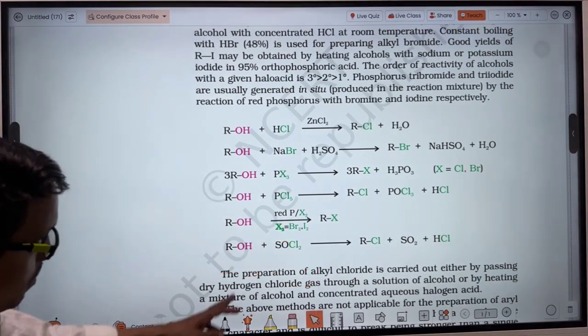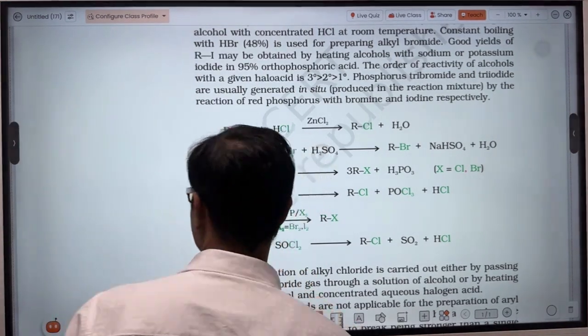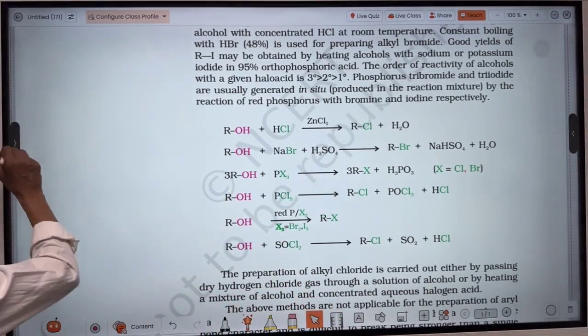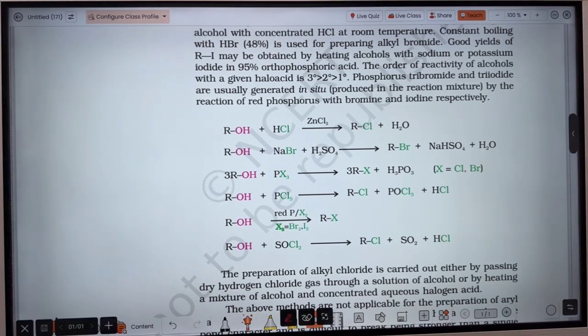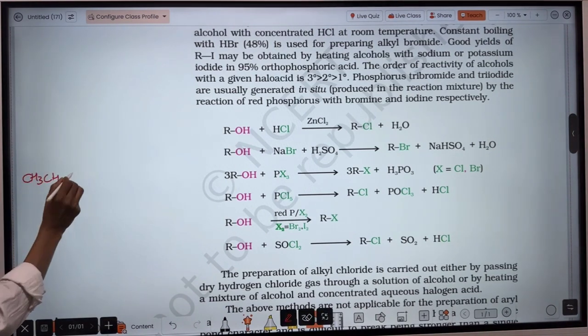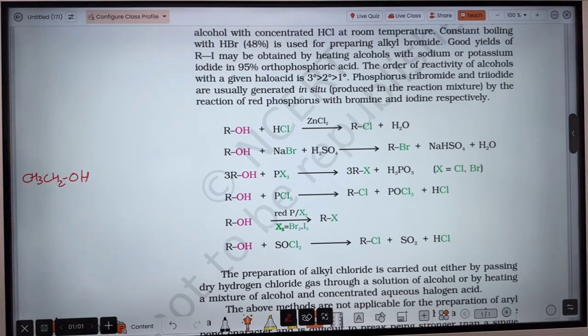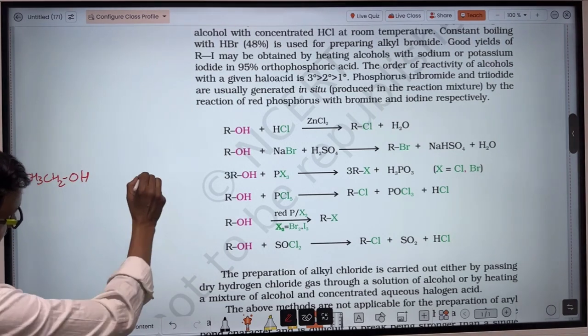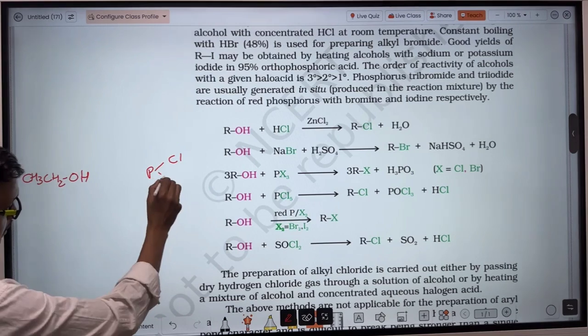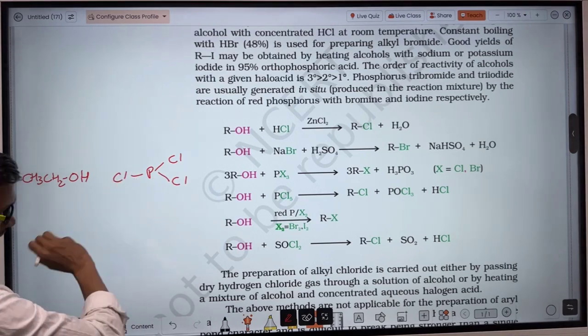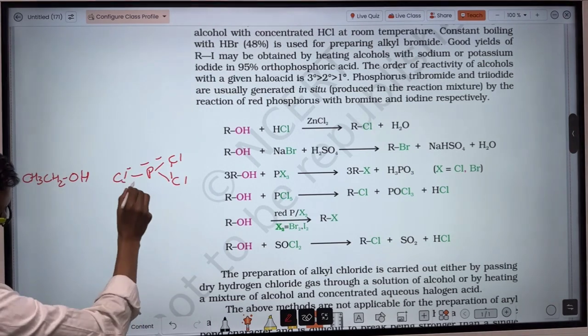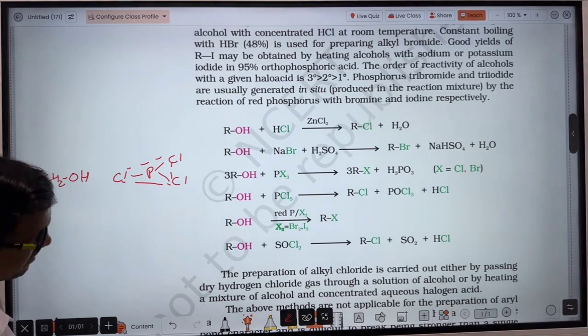That was PCl3. Now let's see when the reaction takes place with PCl5. Watch carefully. This compound, PCl5, has trigonal bipyramidal symmetry. Like PCl3, which has the trigonal planar shape, here there are 5 chlorines.